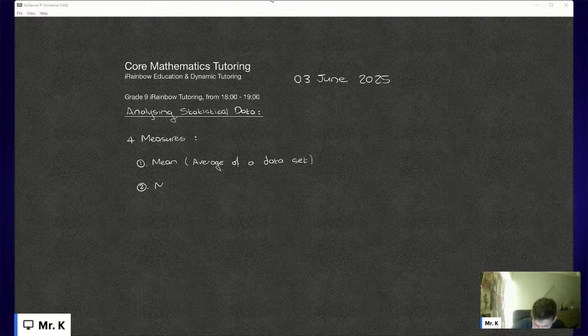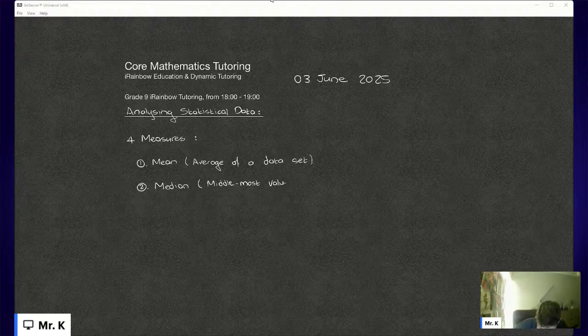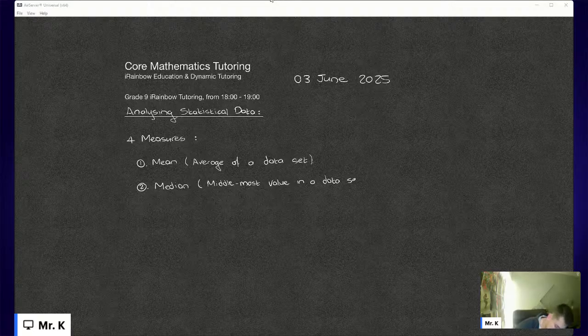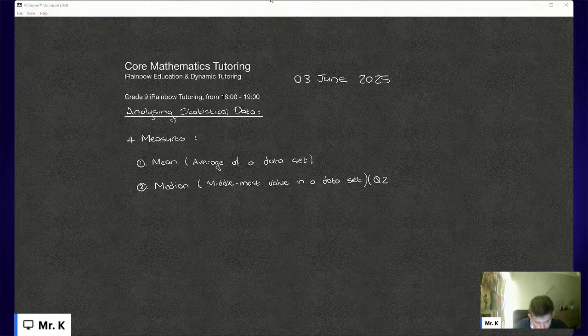Number two, we need to know what the median is, right? The median is the middlemost value in a data set. You will possibly see that this is sometimes referred to as what we call Q2.